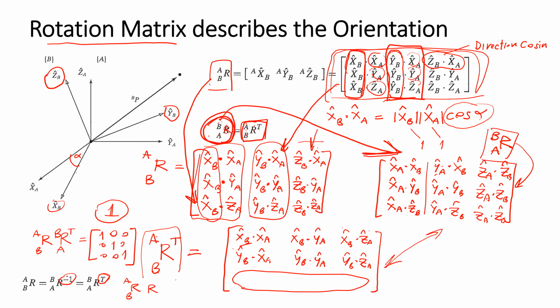So yeah, this makes our life easy. In the following slide, we may see why we need the inverse of the rotation matrix. But at least we know that we don't need to compute the inverse matrix. We just do the transpose.